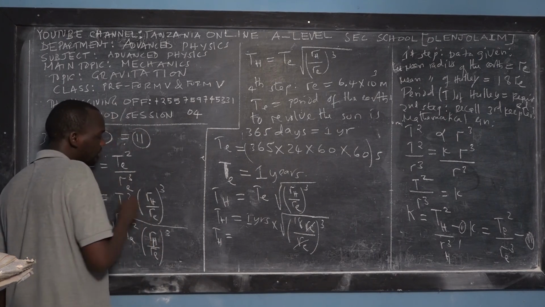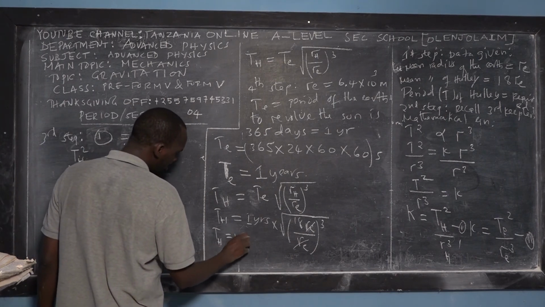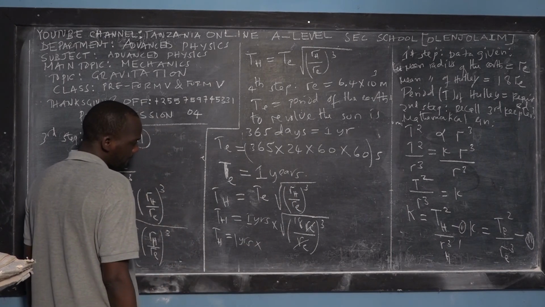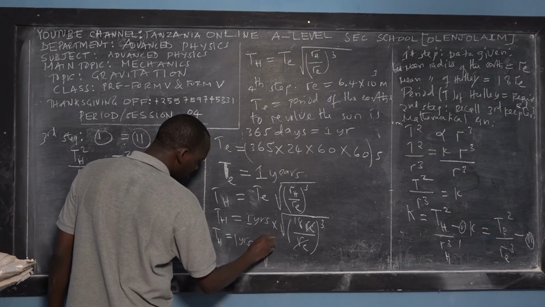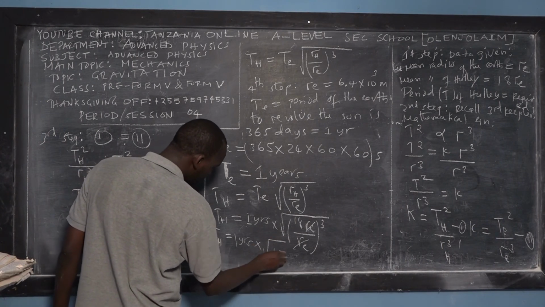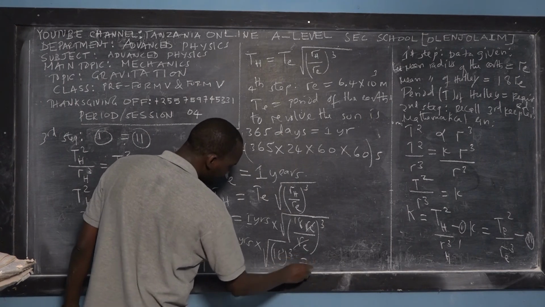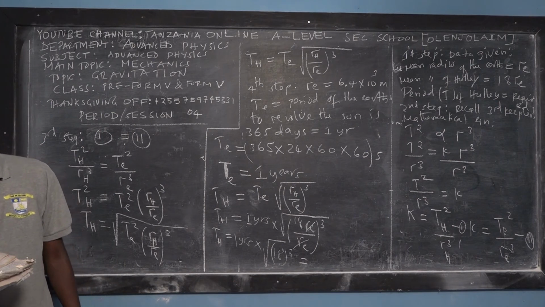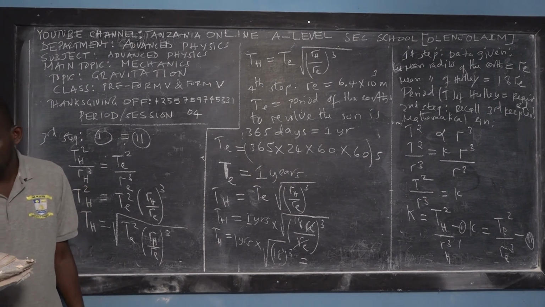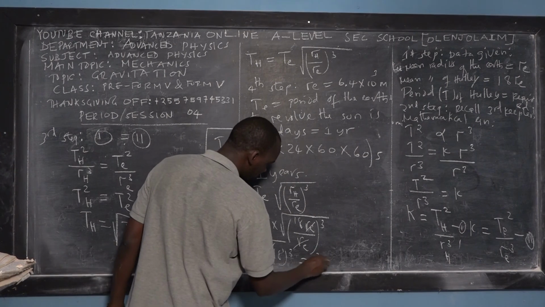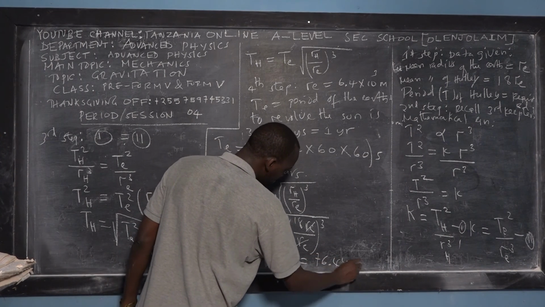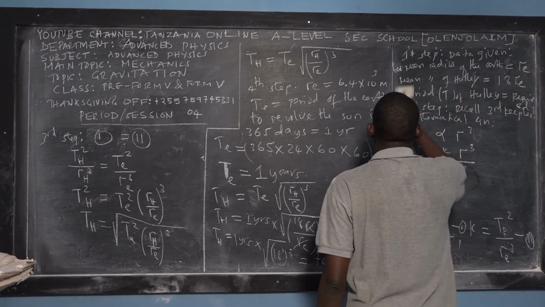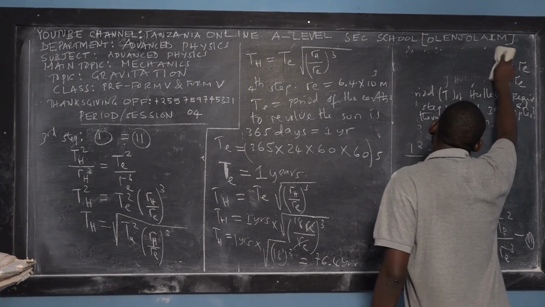So the period of the Halley is equal to what? 1 year times the square root of 18 cubed. Right? So you have to use your scientific calculator and then find that it's 76.4 years. For the comet to complete one revolution. So it's 76.4 years.